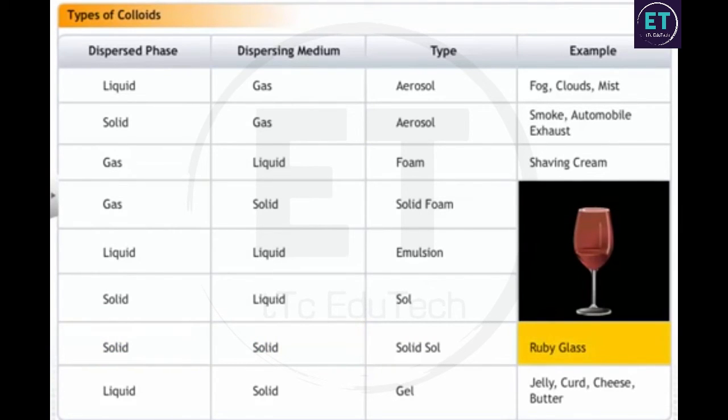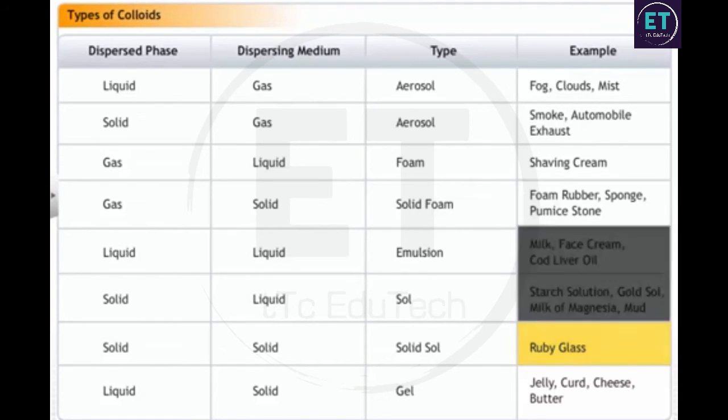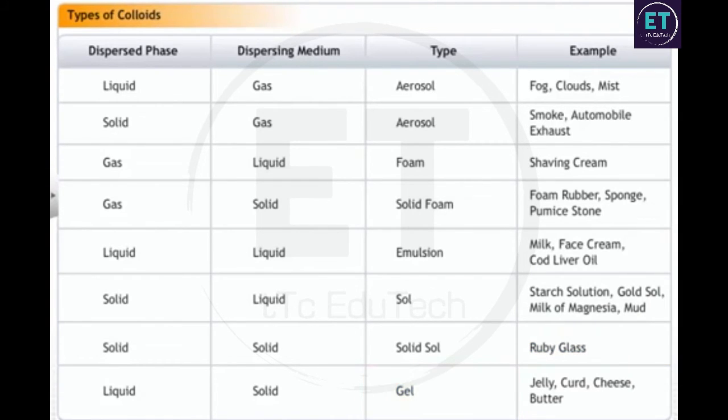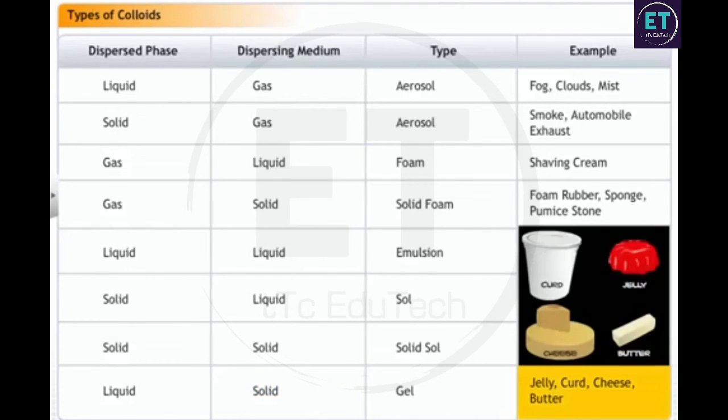Ruby glass is a solid sol in which gold is dispersed in glass. A gel is a colloidal system that contains a liquid as the dispersed phase and a solid as the dispersing medium. Jelly is a colloid of water dispersed in gelatin. Curd, cheese, and butter are all gels.